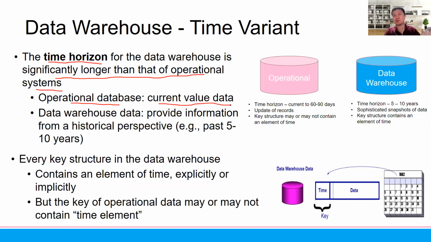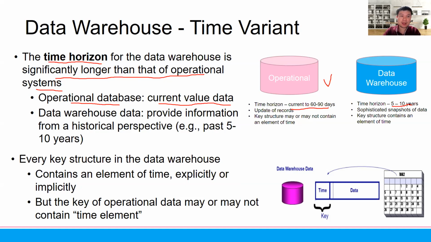So you want to know what is happening now, what was happening in the morning, what was happening 1 hour ago. Usually for operational data, the time horizon is like 60 until 90 days. But the data warehouse will be very long, like 5 until 10 years.